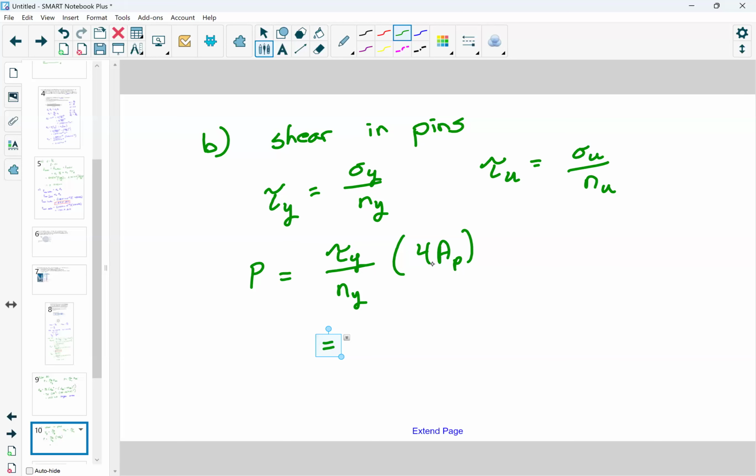We're given our, and the area is actually easier to calculate. The area of the pin is then going to be pi over 4 times the diameter of the pin squared. And the diameter of the pin is 11. So that ends up being 95 millimeters squared.